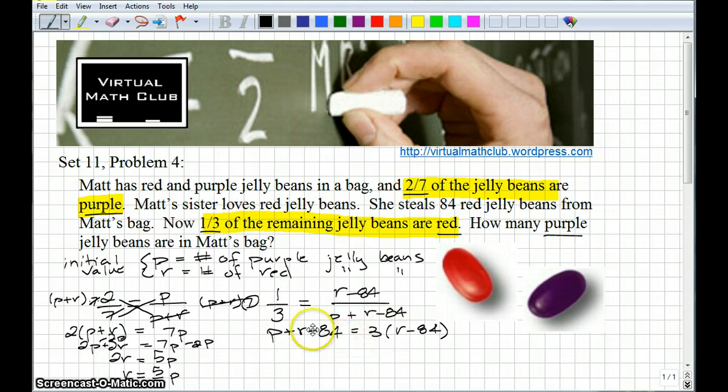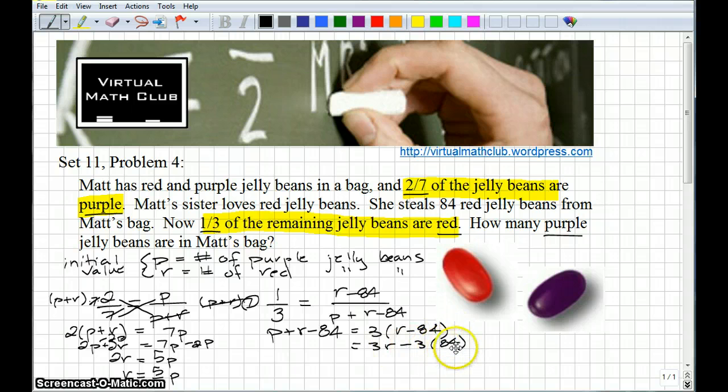So now I've got rid of the denominators here. So let's multiply through here by 3. I'm going to say 3r minus 3 times 84. Okay?